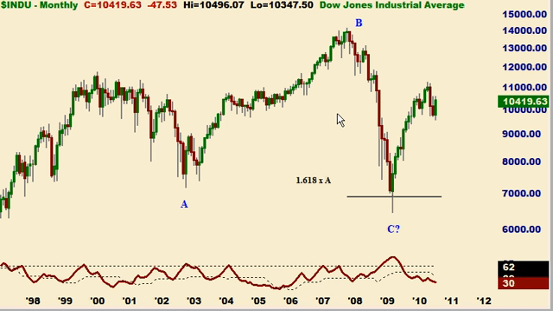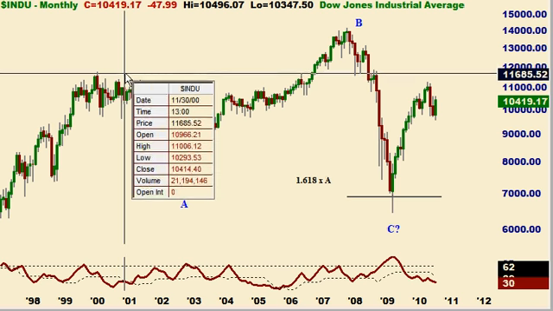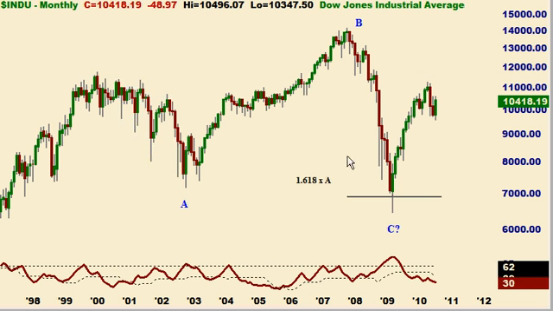In this case, wave B of the 3-3-5 pattern terminates more substantially beyond the starting level of A, and C more substantially beyond the level of the ending of wave A. And indeed, B terminates more substantially above the top of A. There's the top of A, and here's the top of B, and we're more substantially below.